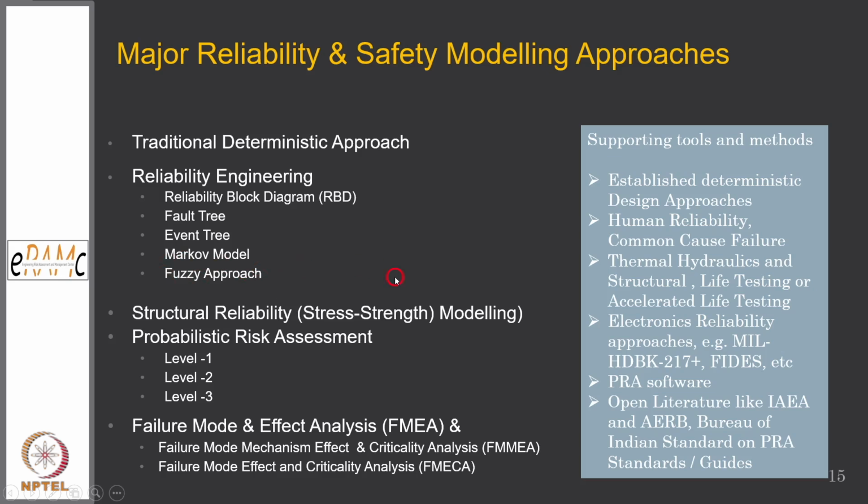Now, structural reliability. What we talked about is system reliability, but structural systems like pipes can also be called passive systems. This modeling has to be done by the stress-strength model.